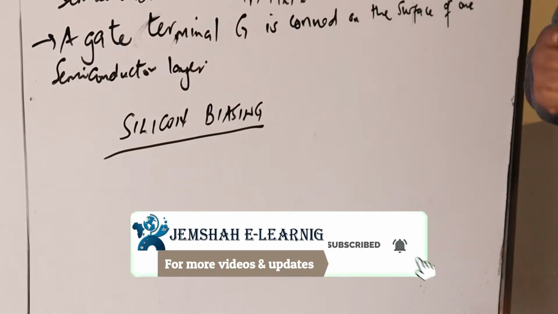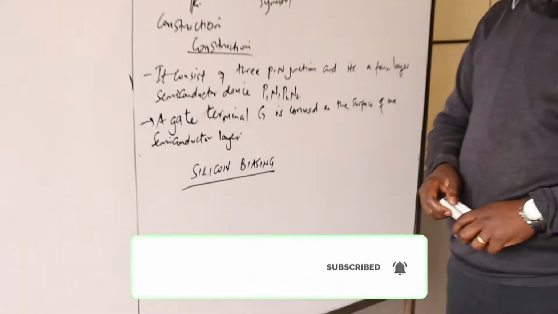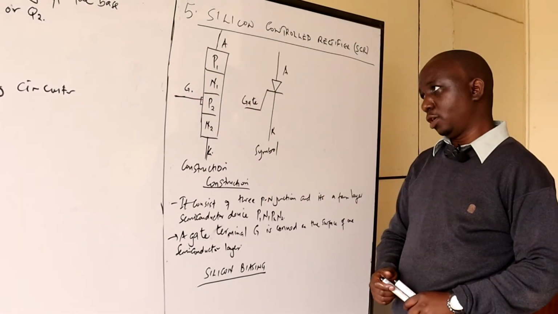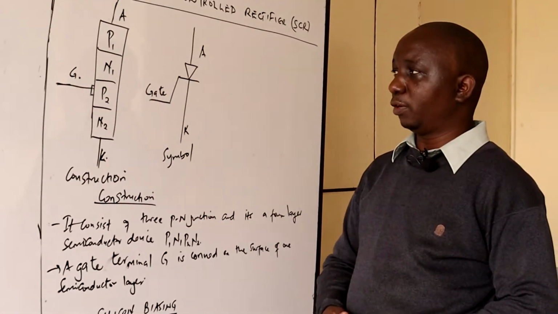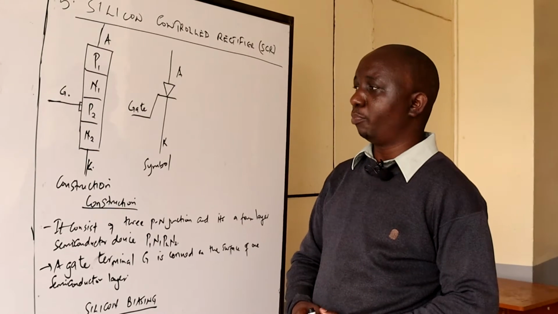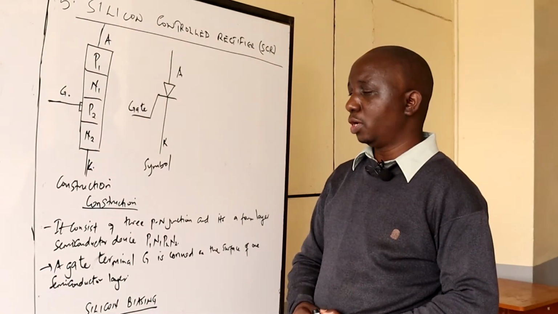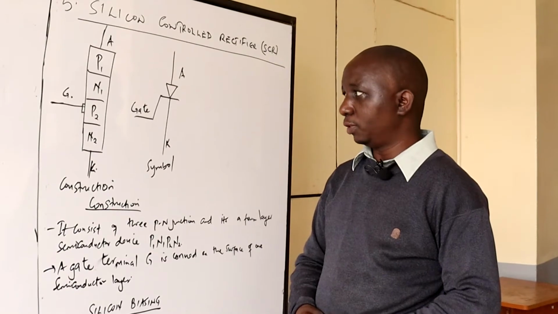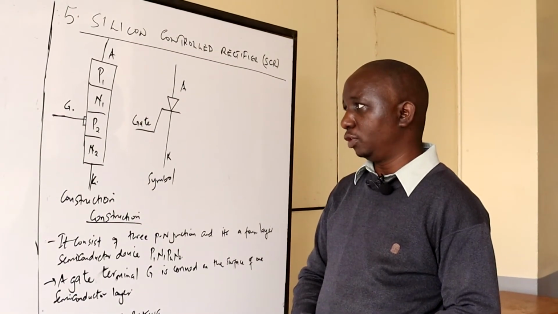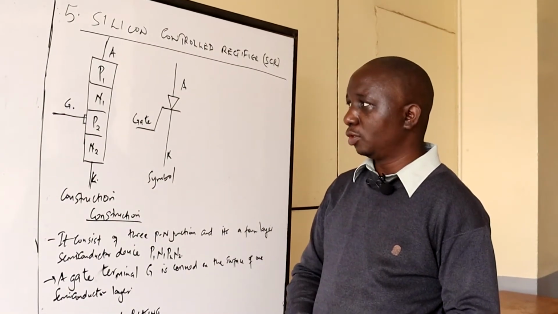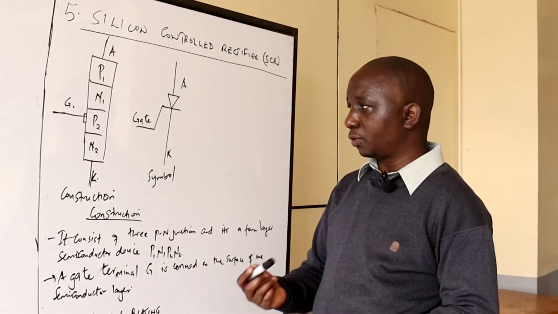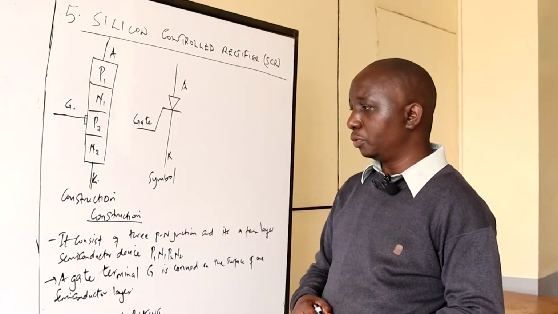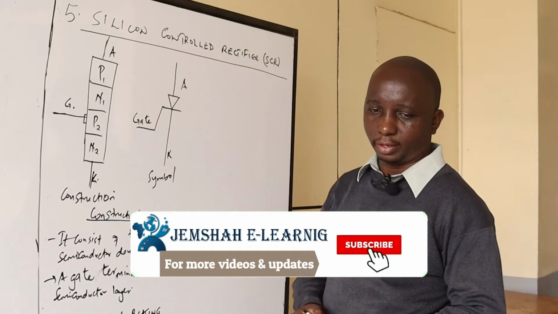And for us to do that, what is the best way? Biasing means that we shall force the flow of electrons from the P1 terminal up to P2 and output to the cathode. So establishing a conduction path through the device is what biasing is.